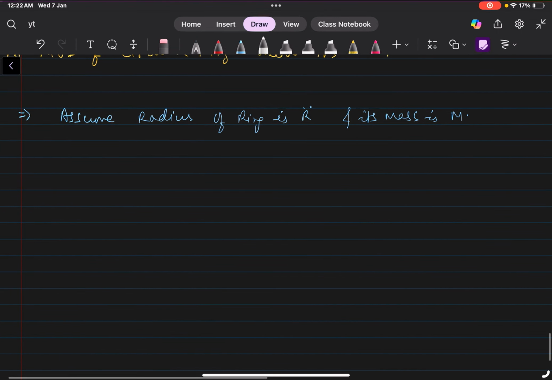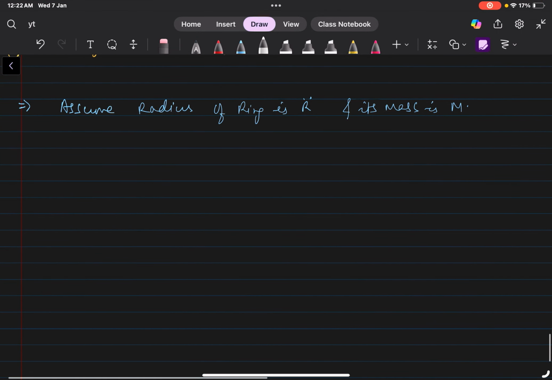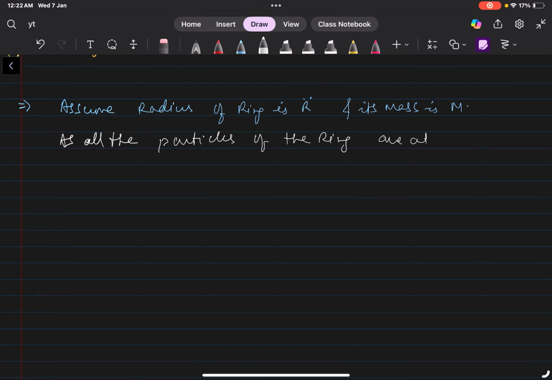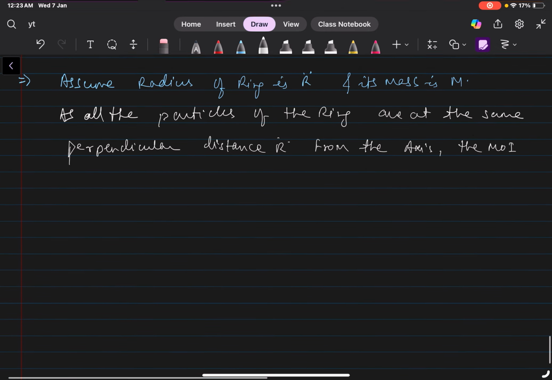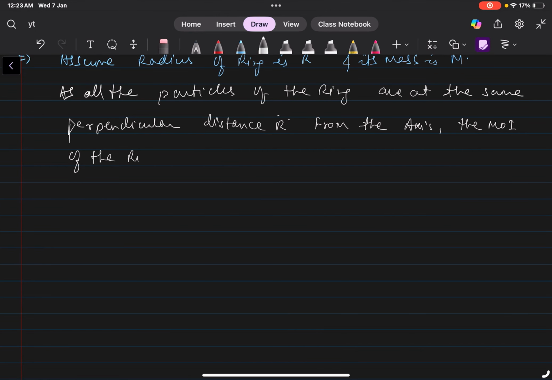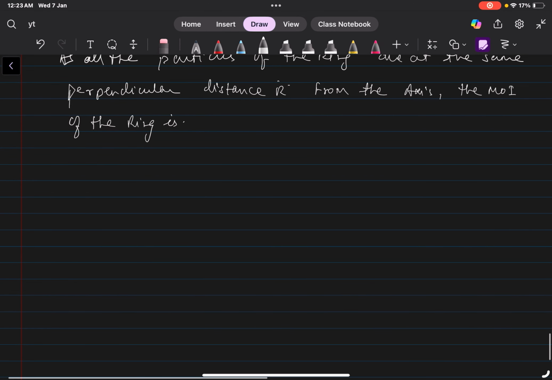As all the particles of the ring are at the same perpendicular distance from the axis, the moment of inertia of the ring will be I is equal to how much?